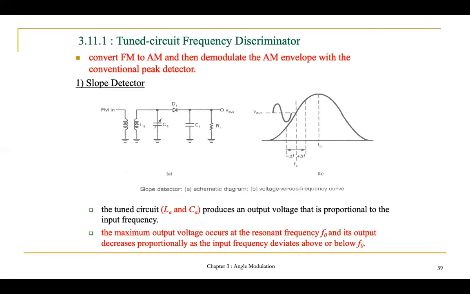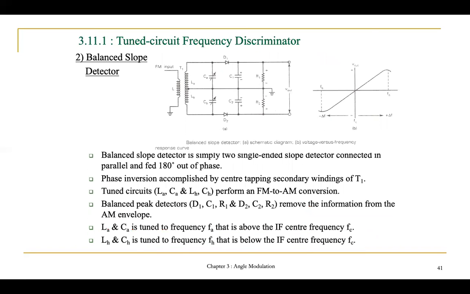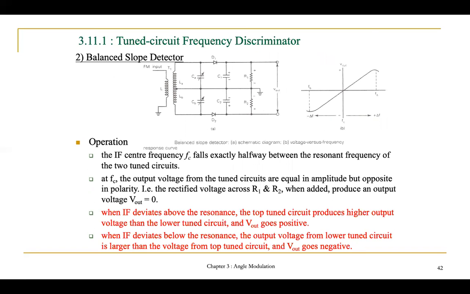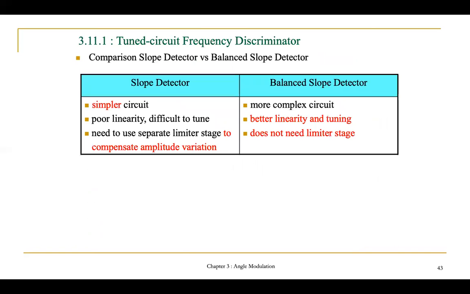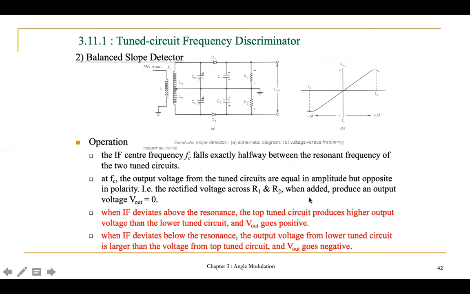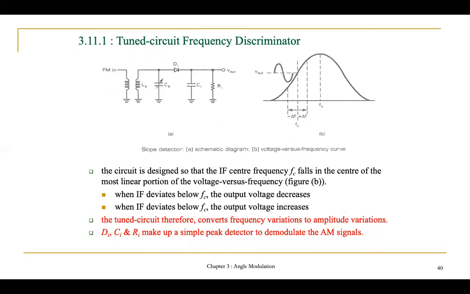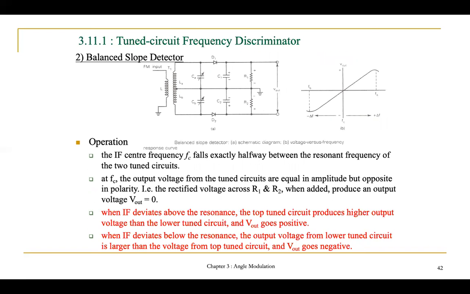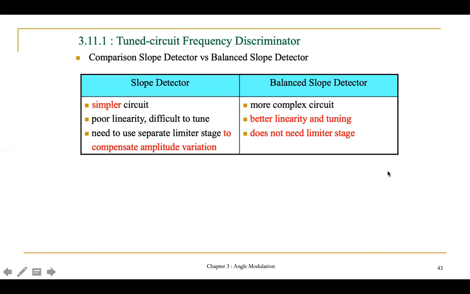This one is the slope detector, and this is the balanced slope detector. Based on this slide, this is the conclusion on the difference between the slope detector and balanced detector.